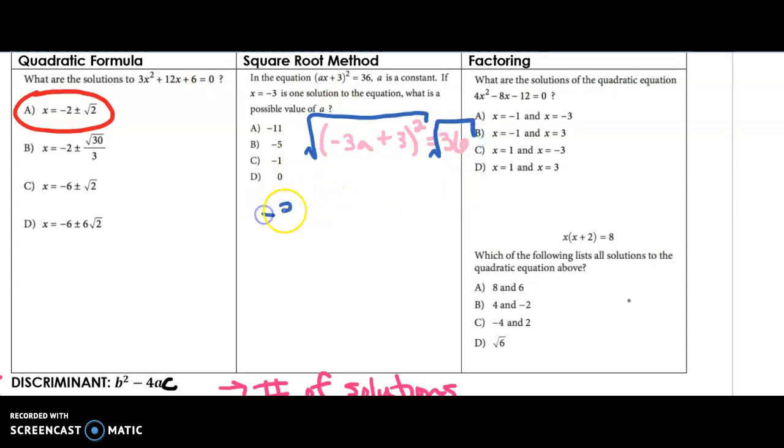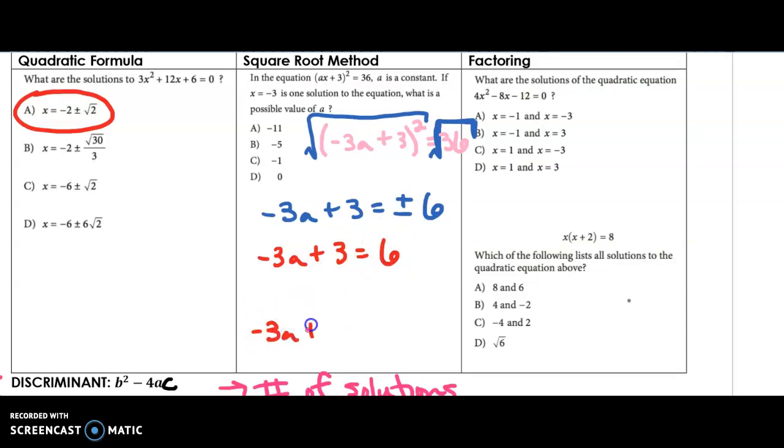Sweet. I get negative 3a plus 3 is equal to plus or minus 6, right? Very important we have that plus or minus because we are doing the square root of 36. And now I can go ahead and solve. So negative 3a plus 3 equals positive 6, and negative 3a plus 3 equals negative 6.